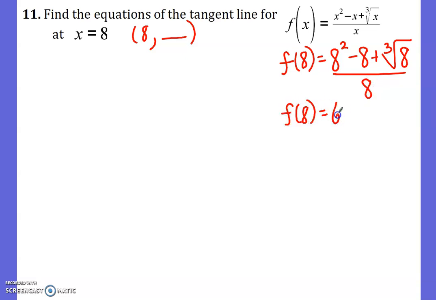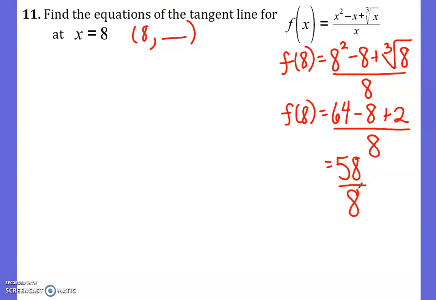So what I end up getting here is 64 minus 8 plus the cube root of 8 is 2 divided by 8. 64 minus 8 is 56, plus 2 is 58 over 8. This simplifies to 29/4. So that is your y value for your point.